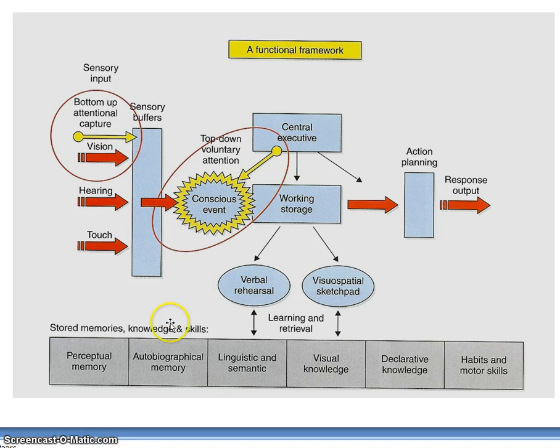By contrast, the long-term storage systems have a huge capacity, and it turns out a lot of processing can happen in these systems in parallel. So again, they differ from the controlled systems. Controlled systems are a sort of serial information processing system, one thing at a time.